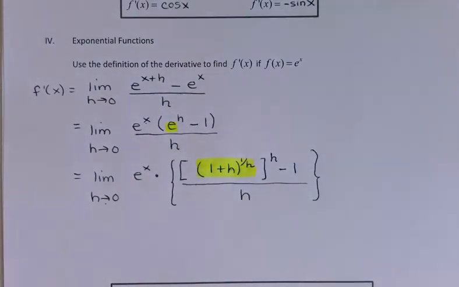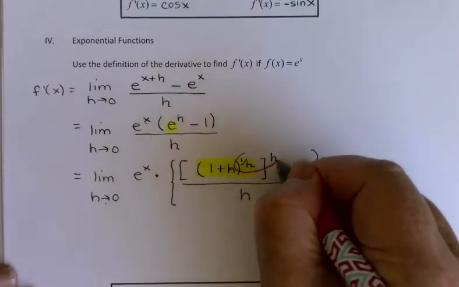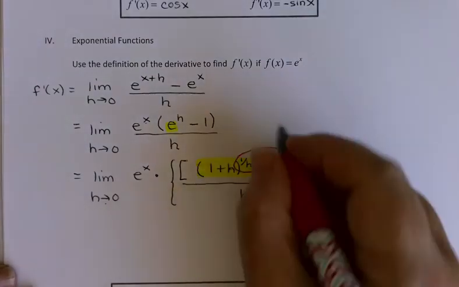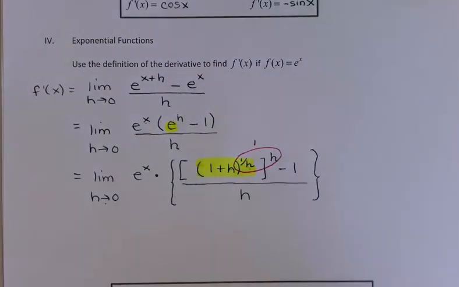And like I said, I know it looks like I made a simple situation much worse, but there's now algebra that I can do. Right? When you raise a power to a power, you multiply the exponents. And 1 over h times h is just a first power, right?